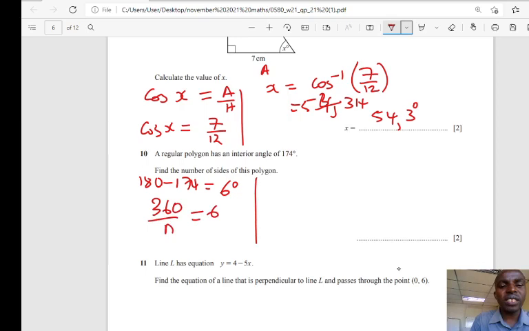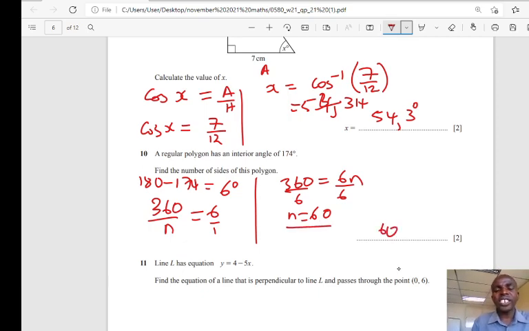Then working this out, multiply by n, it will be 360 is equal to 6n. Then divide by 6, you get n is equal to 360 divided by 6 is 60. So your n is 60 sides.